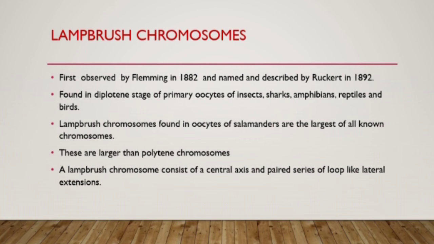Lampbrush chromosomes are larger than polytene chromosomes, and are more visible under a microscope. Now it is explaining the structure of the lampbrush chromosome. A lampbrush chromosome has a central axis and paired series of loop-like lateral extensions.